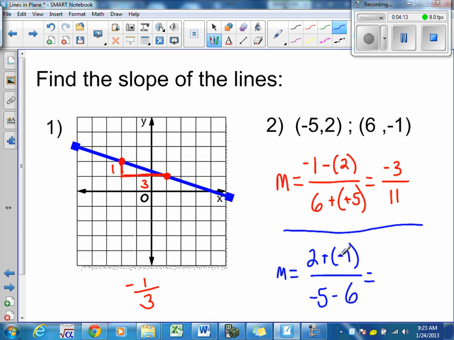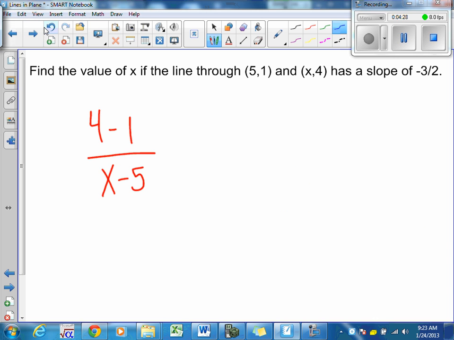The top now has the 2 negatives and becomes a +3, and the bottom becomes a -11. But I still get the same thing. So it doesn't really make a difference which point you make the first one or which point you make the second one. Now, going back to this, we know this is 3 over x minus 5.